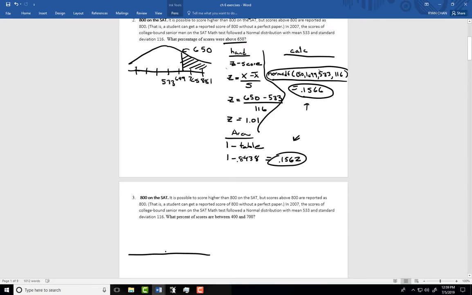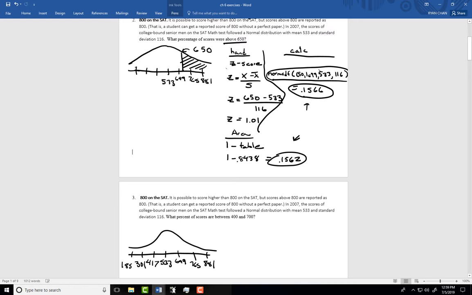So it's 533, 649, 765, 881, 417, 301, and then 185. So it looks like this right here.